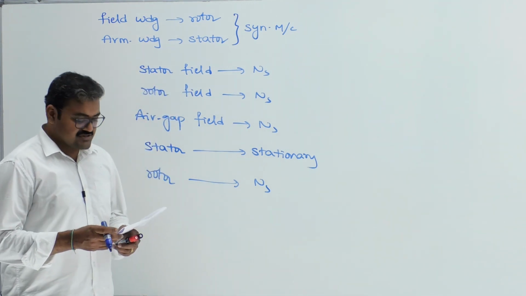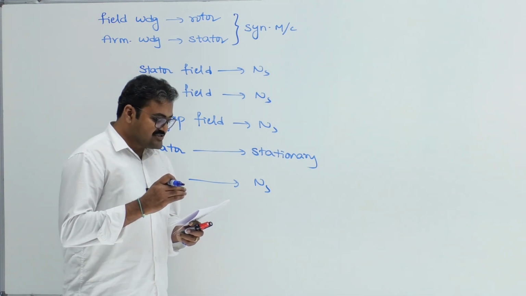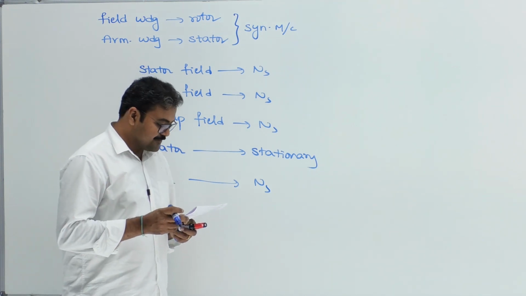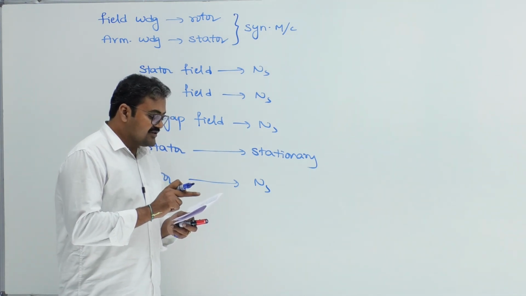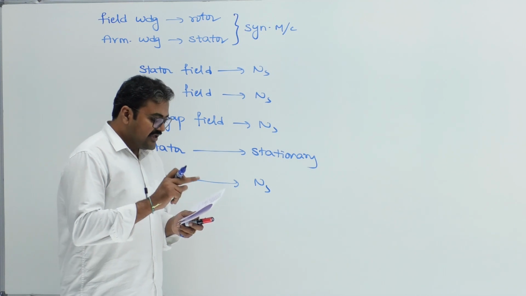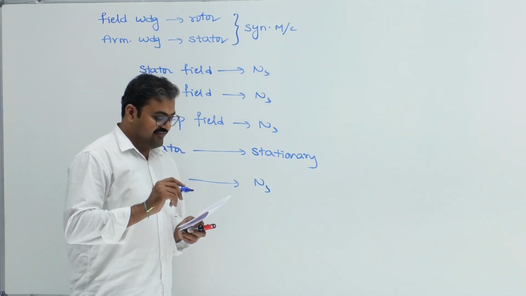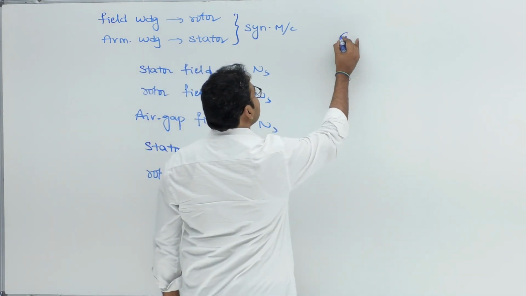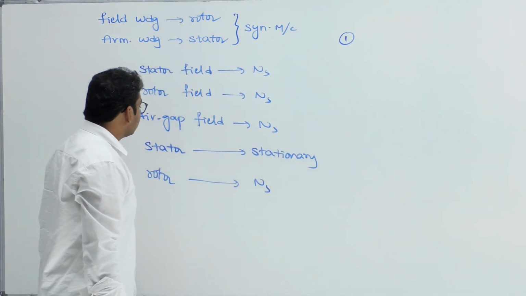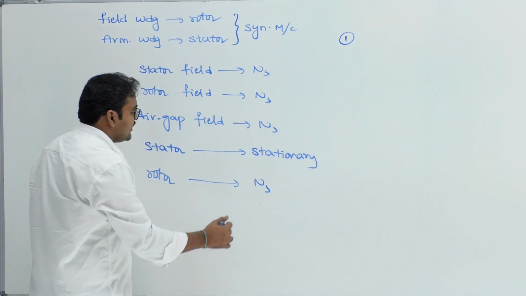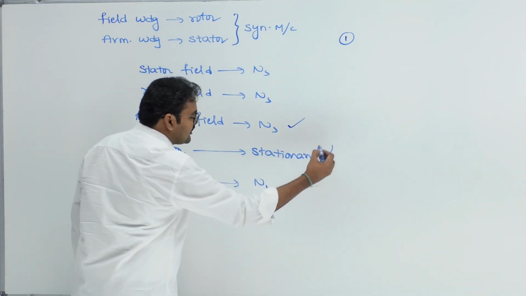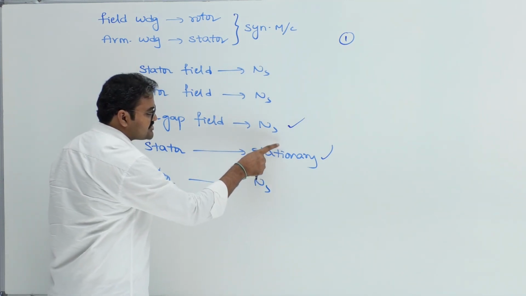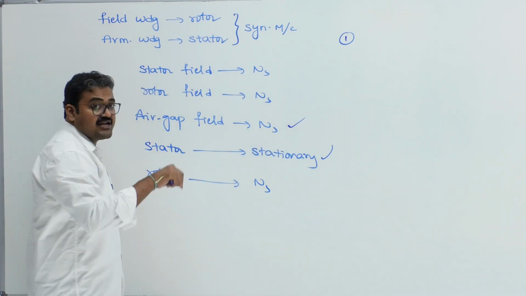Now look at the statements, and all the 5 statements are with respect to air gap field. Let me read the statements again. When running under steady state conditions, its air gap field is, first statement, stationary with respect to stator. Air gap field is rotating with ns, stator is stationary, therefore can I say the relative speed is ns?